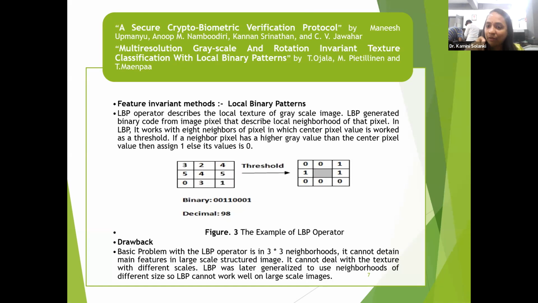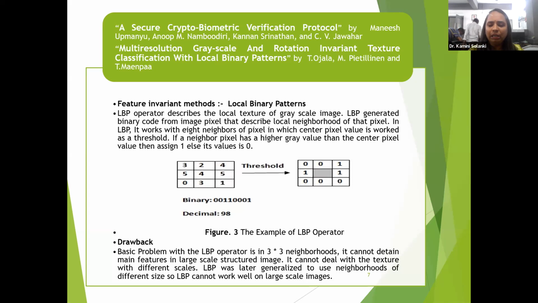Each color has 8 bits: R has 8 bits, G 8 bits, and B 8 bits, so you have to process 24 bits. Instead, if you calculate the average of the RGB image, that is the grayscale image, then it is very easy to process on 8 bits. That's why generally, when we do image processing, we convert the image into grayscale.